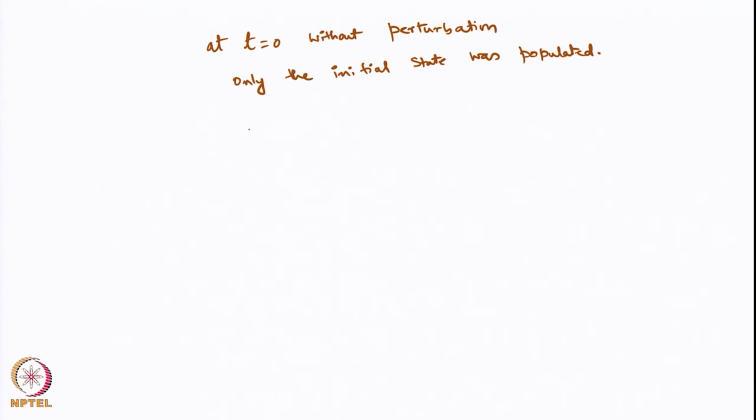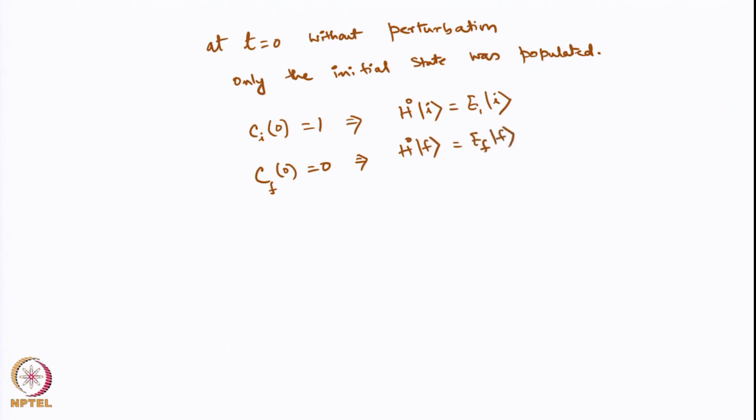That means C_i of 0 equals 1, and this will correspond to state H_0 of i is equal to E_i of i, and C of any other state, let us say f, of 0 is equal to 0, and this will correspond to H_0 of f is equal to E_f of f, where f is not equal to i.